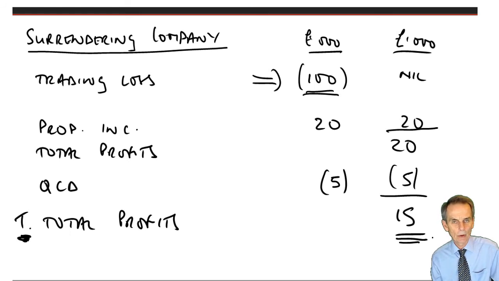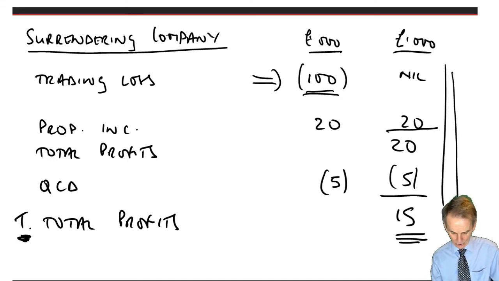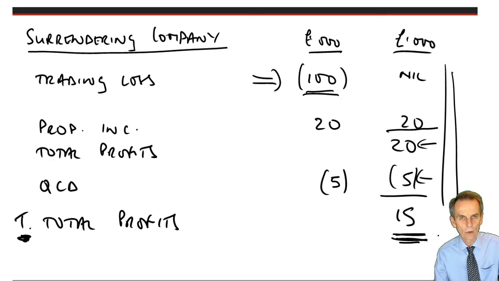In this example, there are no excess qualifying charitable donations. As you can see here, on the figures in the corporate tax computation, there is total profit of 20. That is more than sufficient, therefore, to absorb the donations paid of 5, still leaving a figure of taxable total profit of £15,000, which would duly be charged to corporate tax.